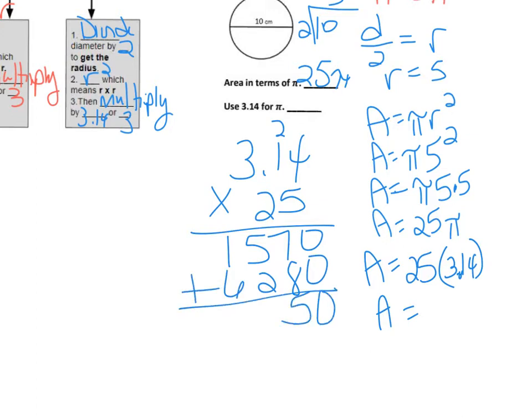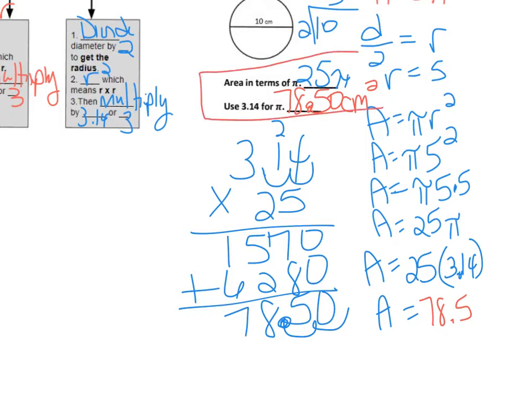And then we add. So that means my answer is 78.5. Was it centimeters? Yes. And that's our answer. So we actually did it both ways, in terms of pi and using 3.14.